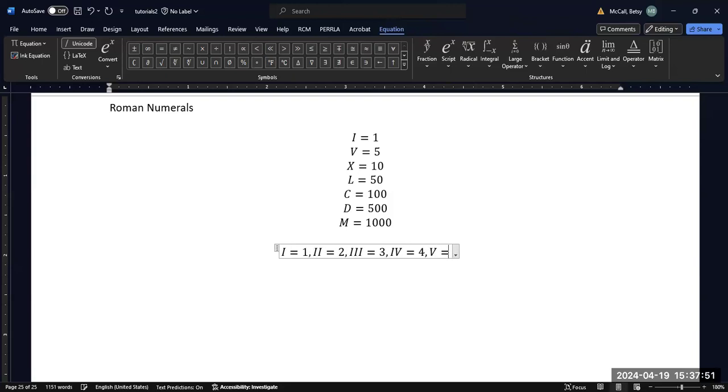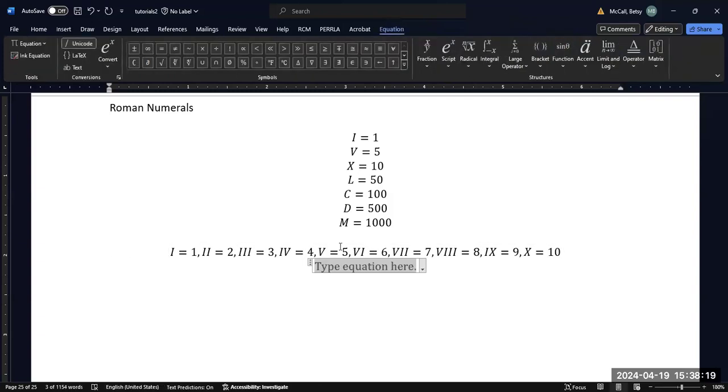So 5 would just be V. VI would be 6. VII would be 7. VIII is 8. And then think about it in units of 10. IX, 1 less than 10 is 9. And then X is 10.